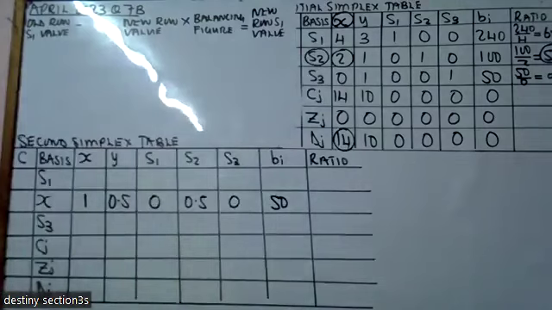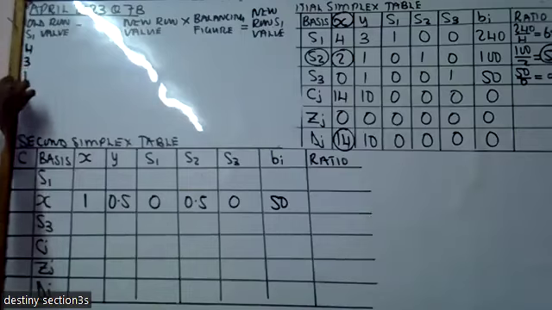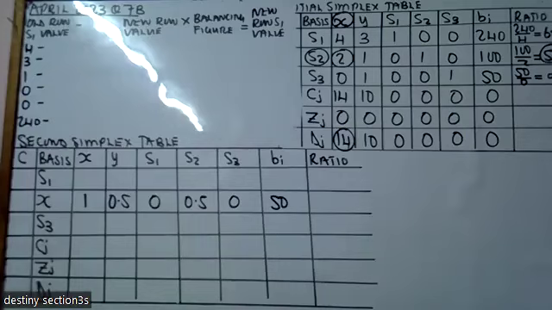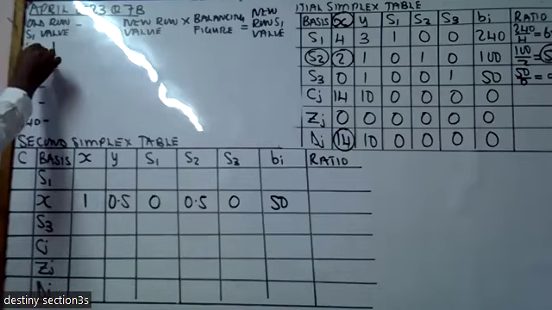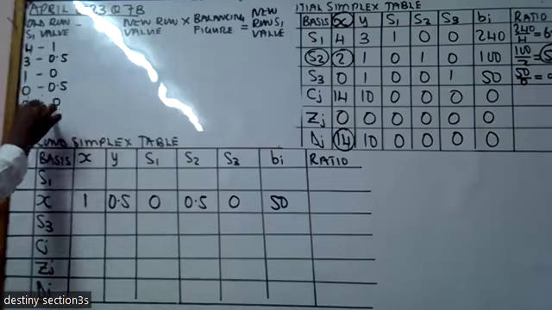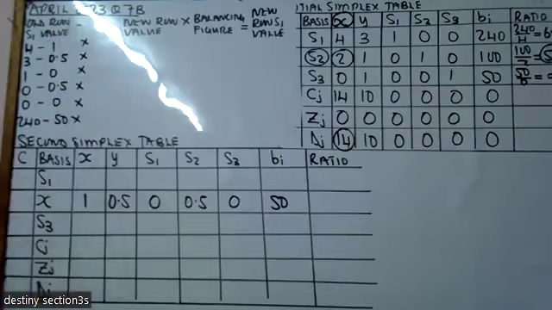So the old row, we have 4, 3, 1, 0, 0, and 240. So you say minus, minus, minus, minus, that way. Alafu unaleta hizi, the new row, which is 1, 0.5, 0, 0.5, 0, and 50 times. So unasema times, kila mahali, times the balancing figure.